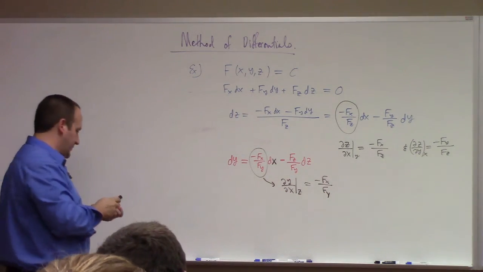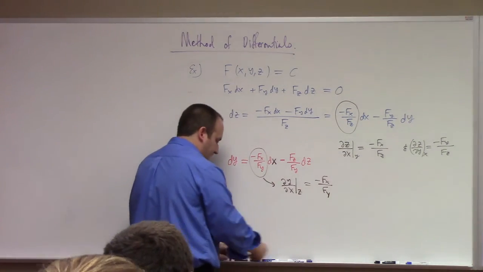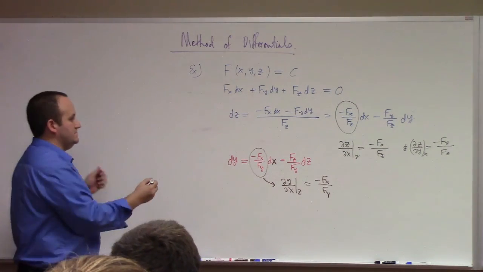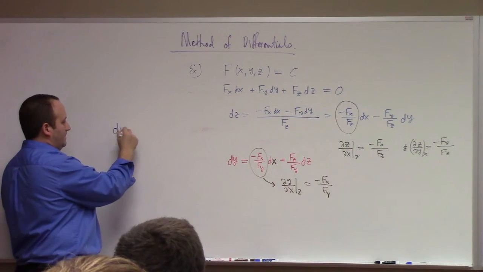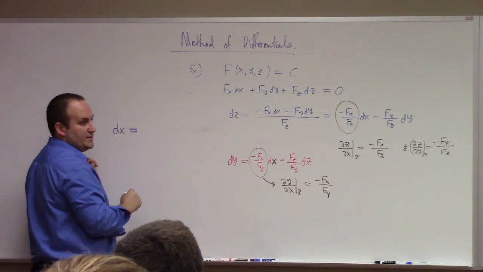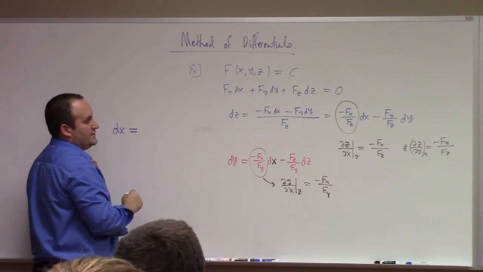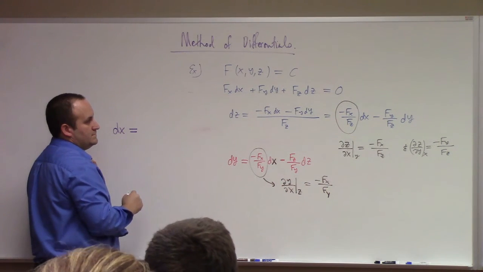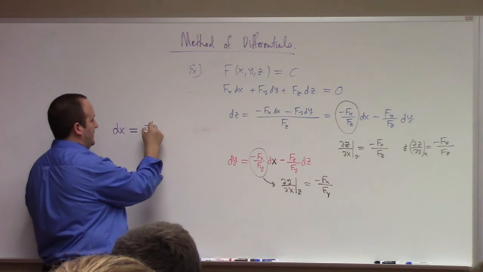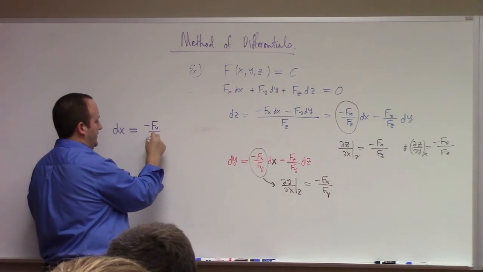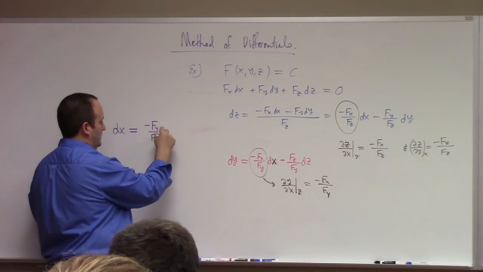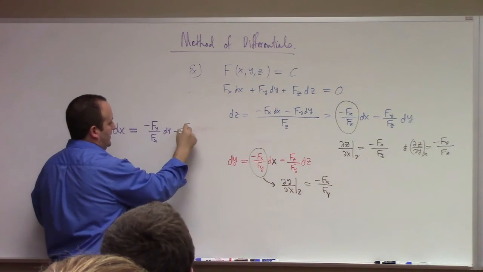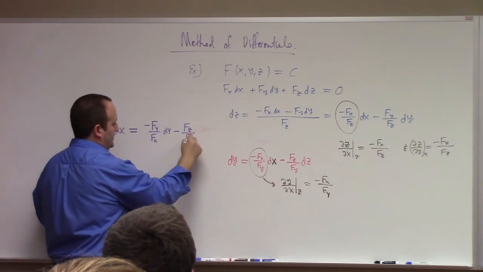There's one other differential we can solve for here. What is it? We can solve for dx, right? What's dx equal to? Minus fy over fx dy minus fz over fx dz.